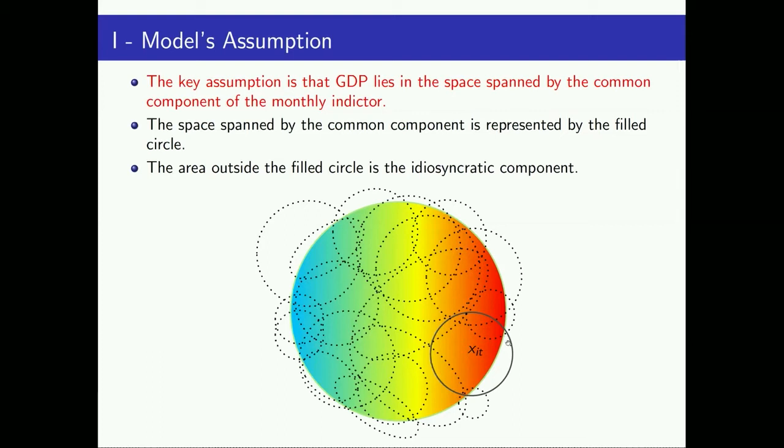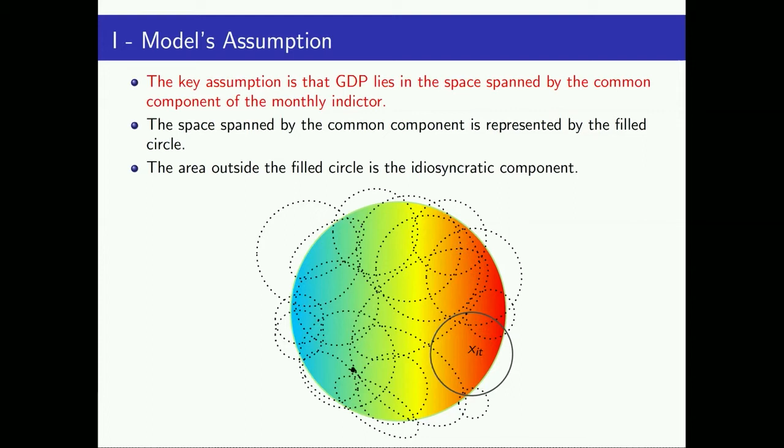Our idea relies on the fact that, in order to recover the common component of the GDP, we need to aggregate using a weighting scheme. This justifies the fact that we need to weight all the components that arise from each single indicator, shown in the dotted lines, you see.